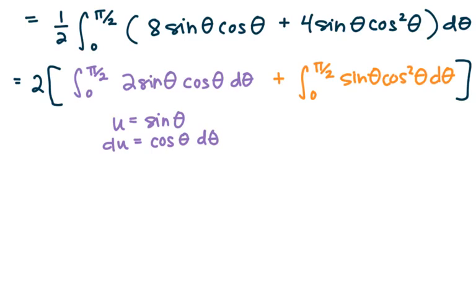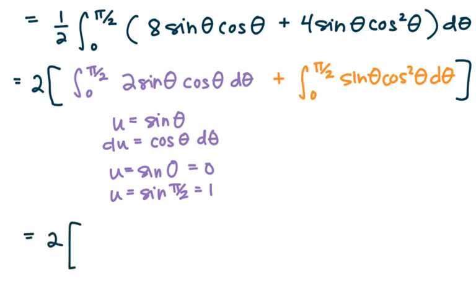Looking at changing my bounds, u equals sine of 0, I get 0, and u equals sine of pi over 2 gives me 1. So I have 2. That 2 is in front of everything because this 2 will factor out, and I will have u du, and my bounds will go from 0 to 1.